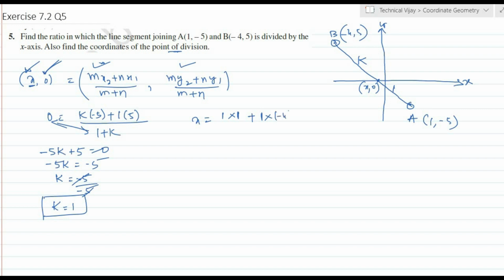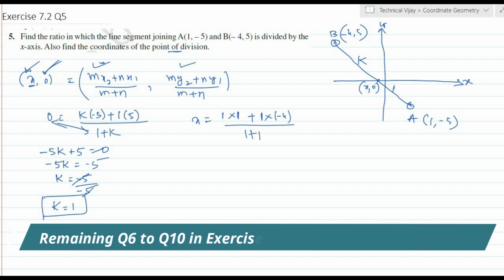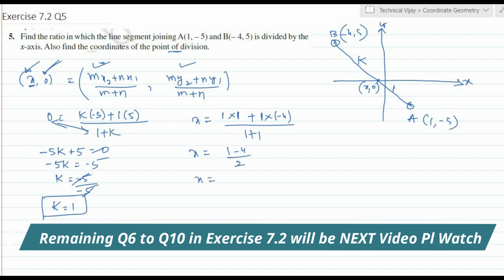Okay, -4. So divided by 1 + k, that is 1 + 1, the k value is 1 here. So x is equal to (1 - 4) divided by 2. So x is equal to -3 divided by 2. So this is the x value, and the y value 0 we got already. So this coordinate is (-3/2, 0).